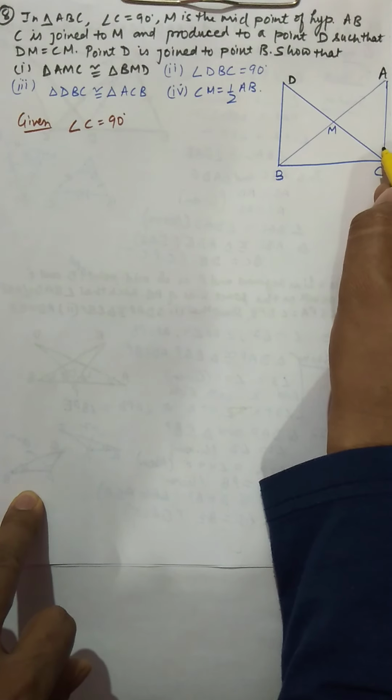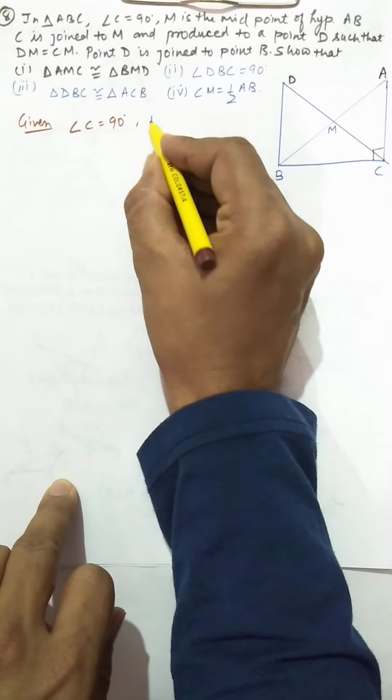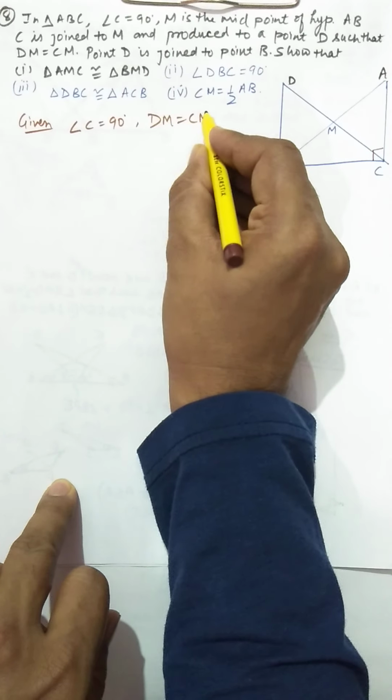So you can mark this 90 degrees here. M is joined to C and produced to a point D such that DM equals CM. So you can see this DM is equal to CM, given.